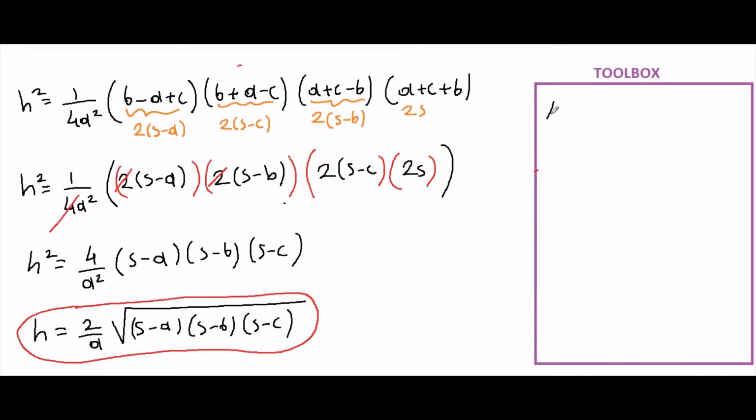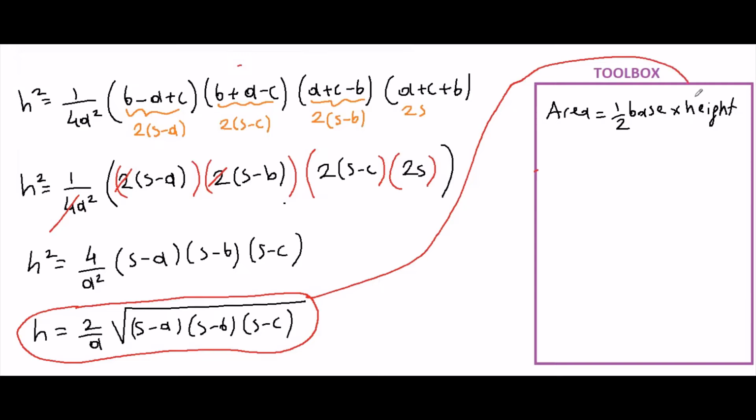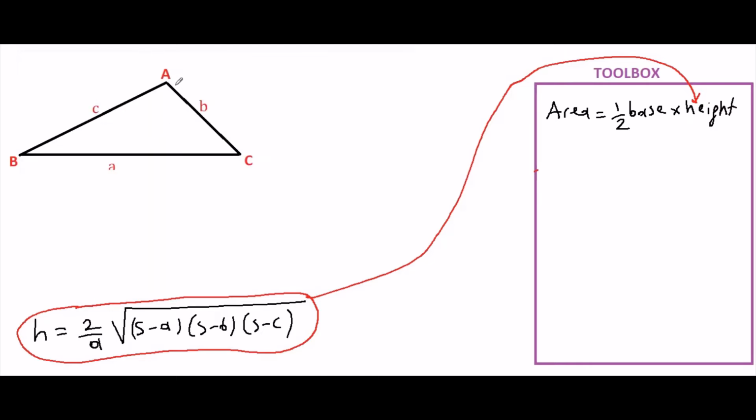Now we said that area is equal to 1/2 base times height. So we're going to plug this height into our area formula. In our triangle, our height is this expression we found, and our base is a. So area is equal to 1/2 times base, which is a, times height.